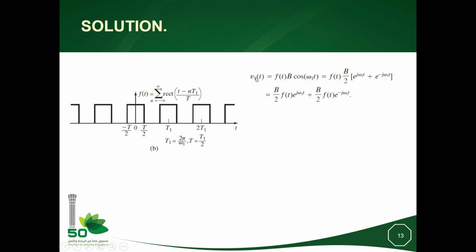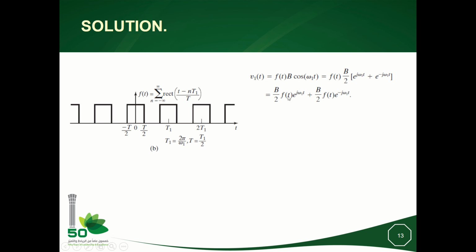And the voltage v1 will be split into two terms like this. We did this in order to get the Fourier transform of v1 in terms of the Fourier transform of f(t).